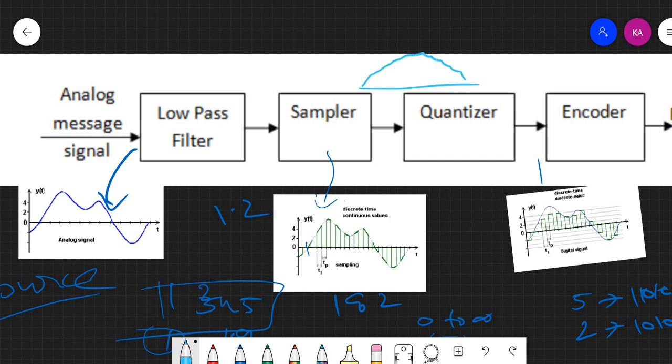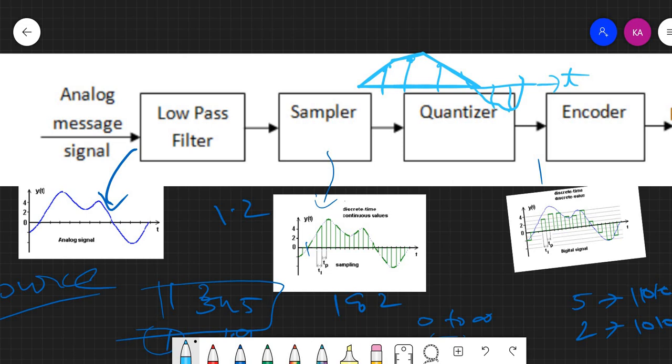Let's say this is sampled at these points, right? That means the time axis becomes discrete. Discrete means at each and every time the amplitude is not defined, so the amplitude axis remains continuous.